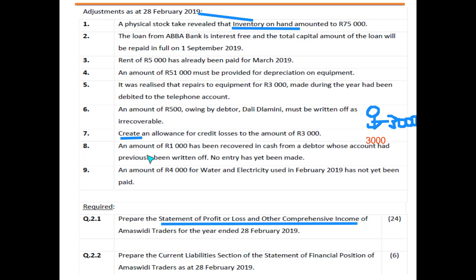Number 8, they say an amount of 1,000 has been recovered in cash from a debtor whose account has been previously written off. No entry has been made. Is there any income here or what? What do you think?